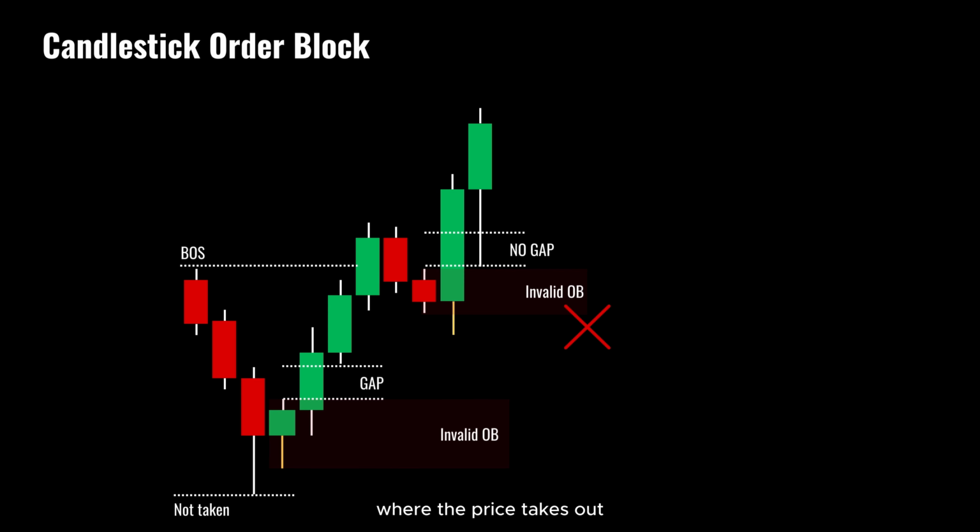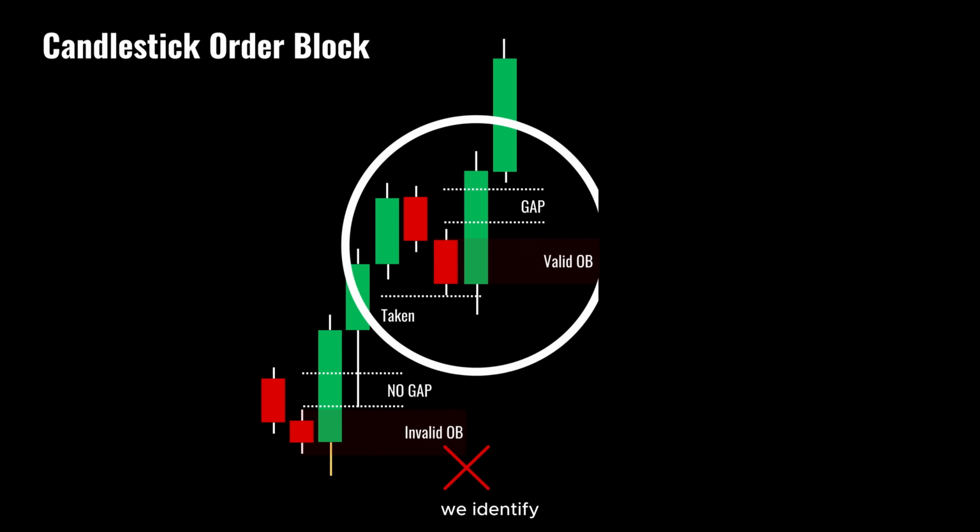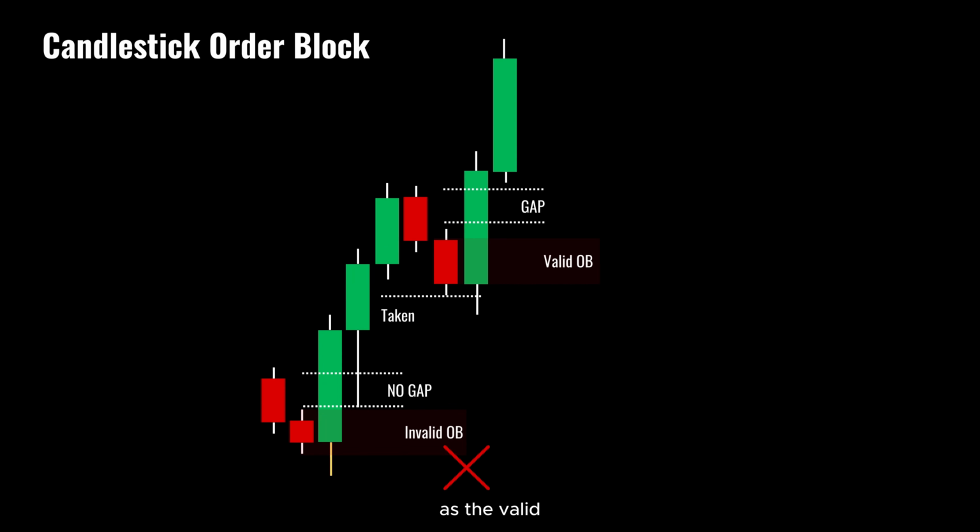In scenarios where the price takes out liquidity from the previous candle but the order block is mitigated, or when the price fails to create inefficiency, we designate the subsequent candlestick as the valid order block. In this case, we identify a bullish candle as the valid order block, diverging from the previous selling candle. This decision is based on the fact that the price has generated a proper inefficiency or imbalance immediately following the bullish candle.